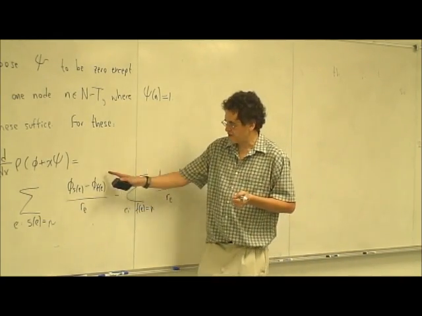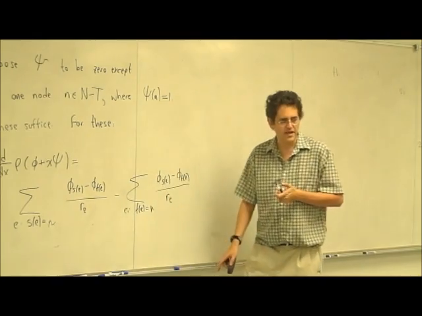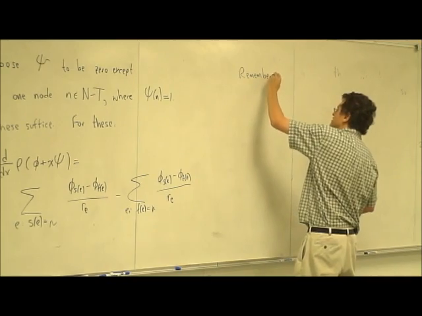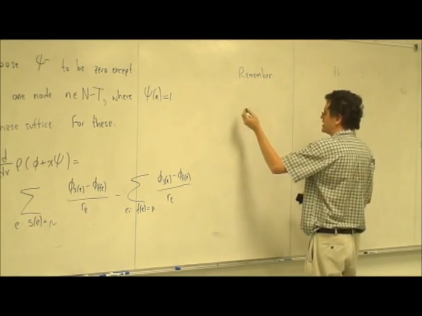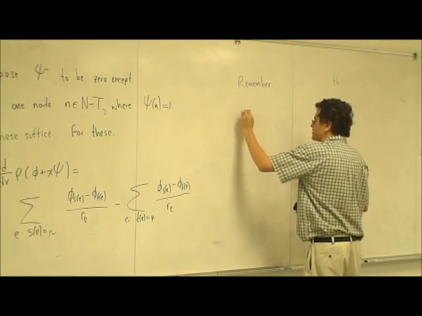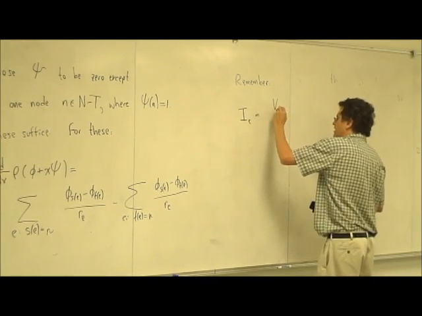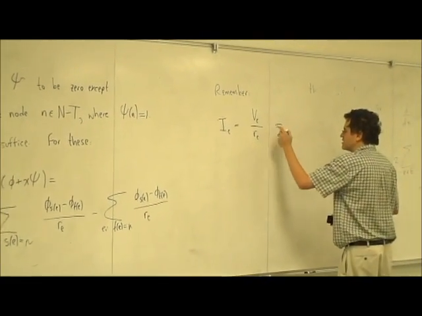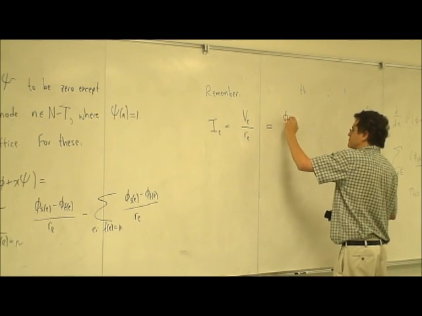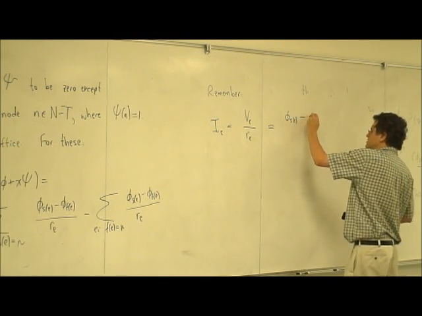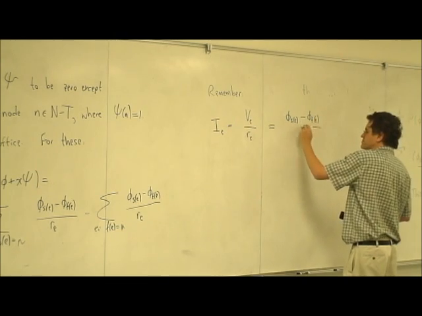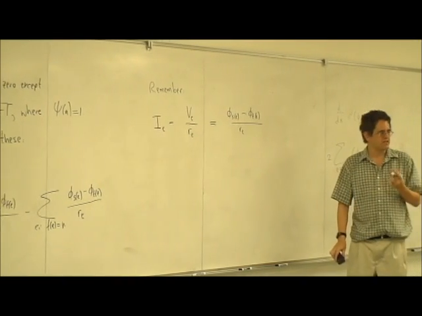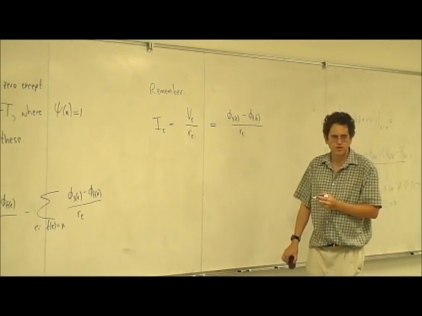Yeah, this thing here is just the current flowing along the edge E. This is where having studied electrical engineering helps you remember the formulas faster than the other guy. I said that the current along an edge is the voltage across that edge divided by the resistance. That's Ohm's law. And then one of Kirchhoff's laws says that the voltage is the change in the potentials. So these disgusting looking expressions aren't disgusting at all, they're great, they're just currents.